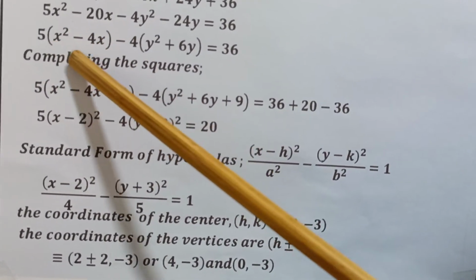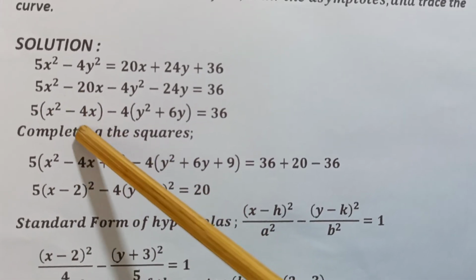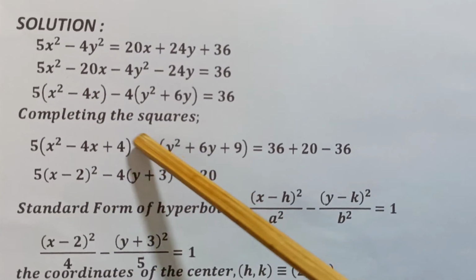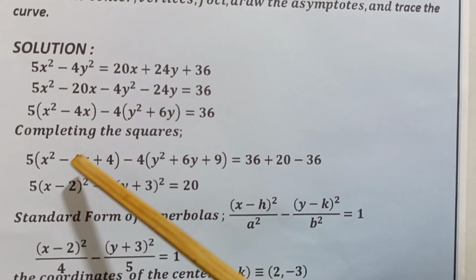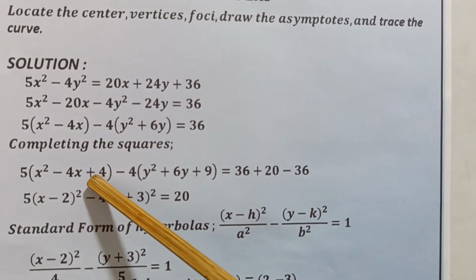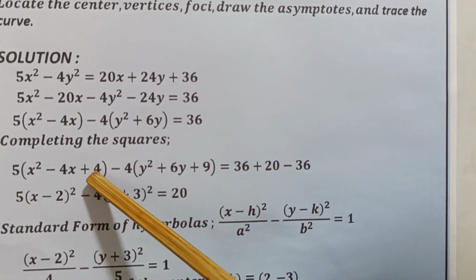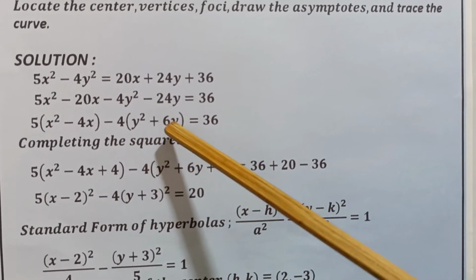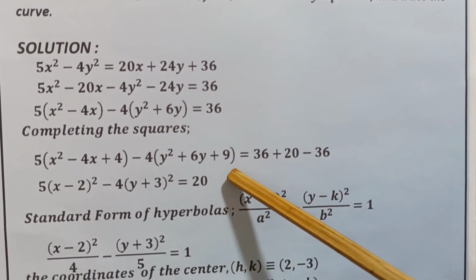So if we look at this binomial here, we can make this one a perfect square trinomial by completing the squares. So we divide this by 2. So 4 divided by 2, and then square it, we get 4. So we add 4 here, which actually we're adding 20, no? 5 times 4 is 20. And this one here, you also complete the square by adding 6 divided by 2 is equal to 3, and square that, you get 9, no?